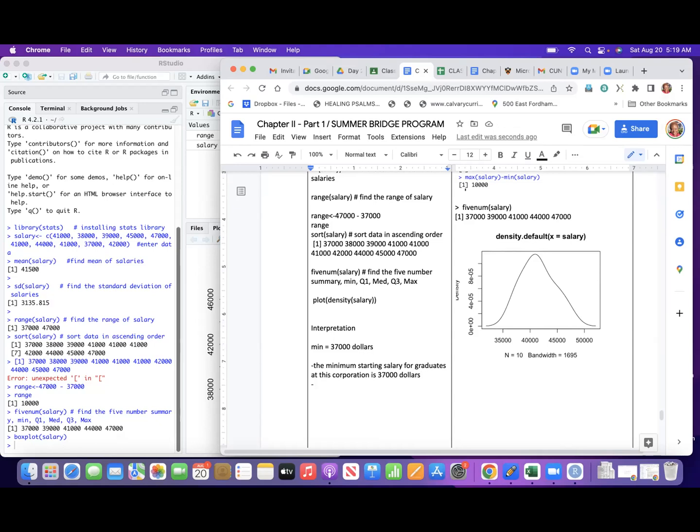It means that 25% or less of the starting salaries of the graduates at this said company are, what is it?